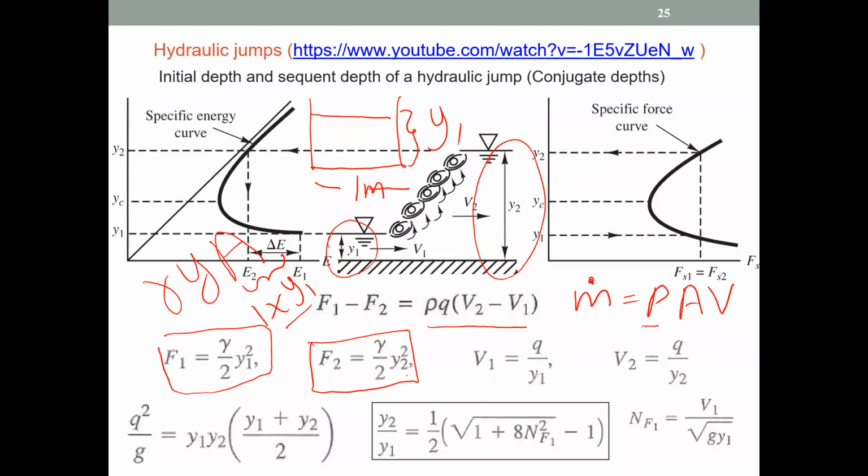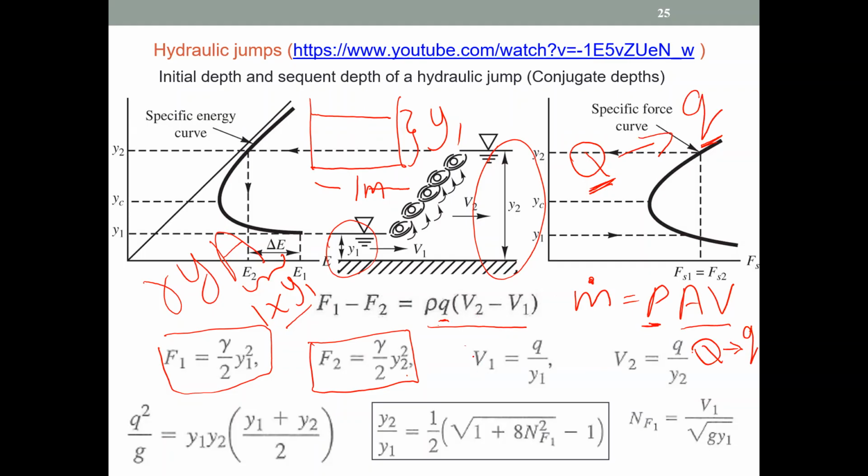So rho is the density, and AV is the flow rate. Now we are talking about the unit width, so the Q becomes simple Q. Q for a unit width is the simple Q, right? So that is why you see the simple Q here. AV is equal to Q. So rho Q times V2 minus V1, right?